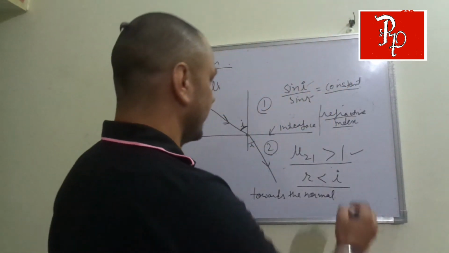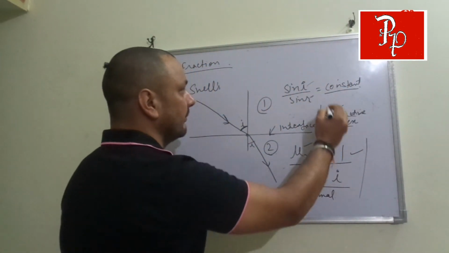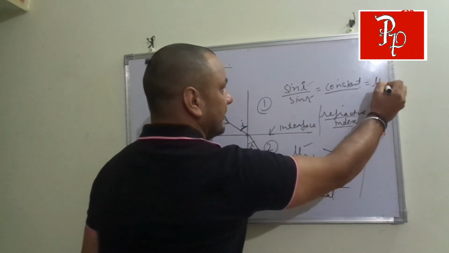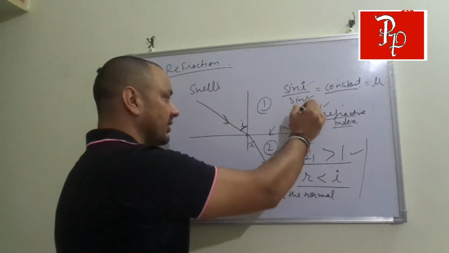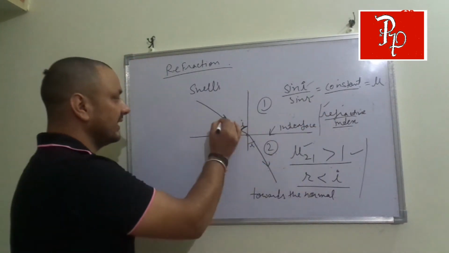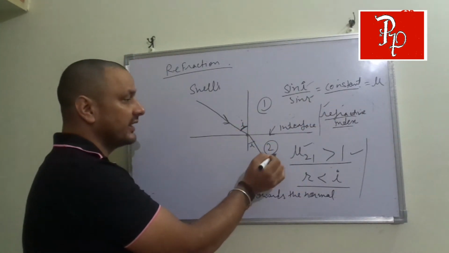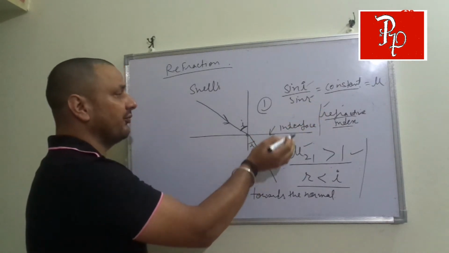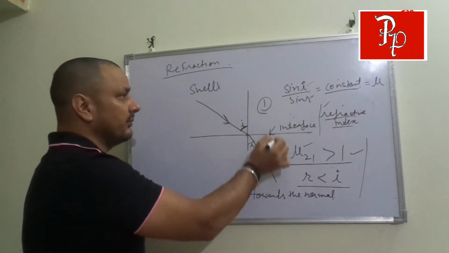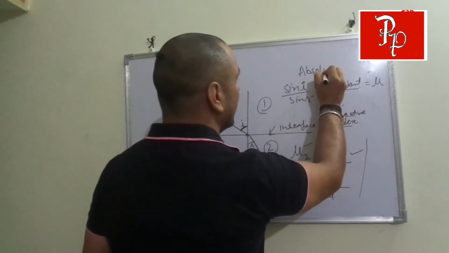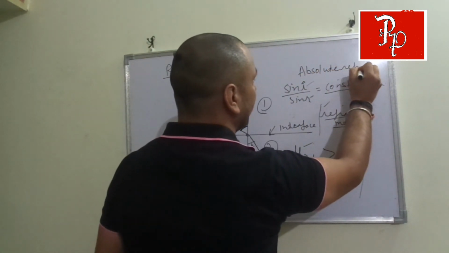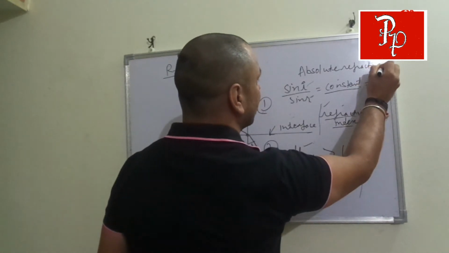This mu is a symbol of refractive index, which is the ratio of speed of light in air to the speed of light in medium. And if it is the ratio of speed of light in air to the medium, this is known as absolute refractive index.